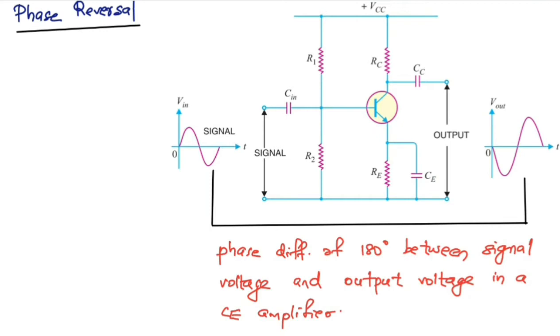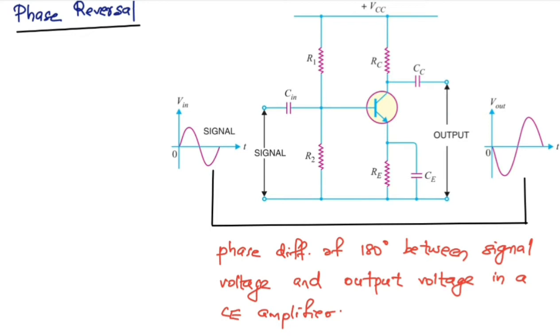Out of these three we use the common emitter configuration in 90 to 95% of transistor applications because of its three properties: high current gain, high voltage and power gain, and moderate impedance matching. So we can choose common emitter amplifier in all our practical applications.